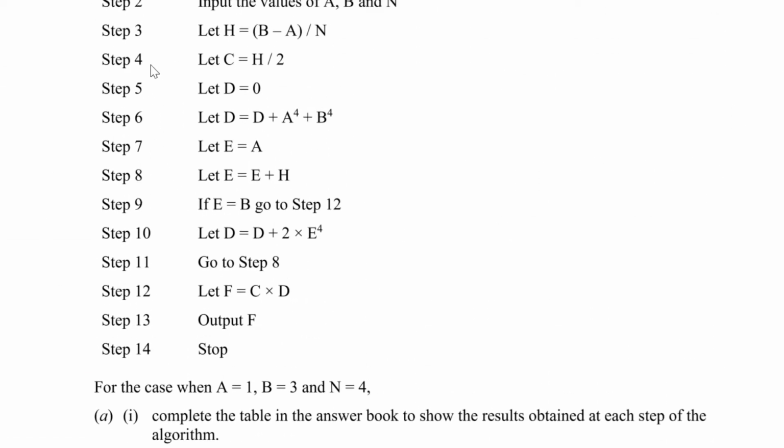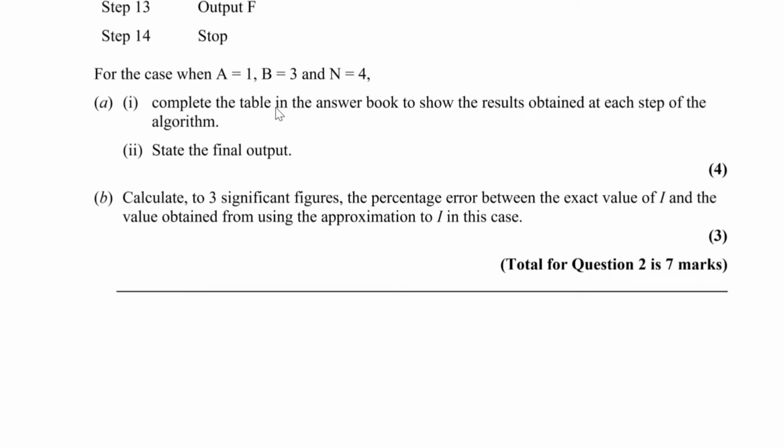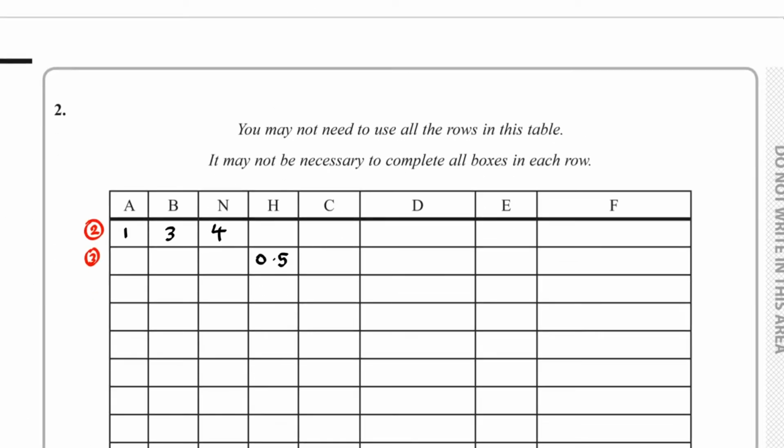Okay, and then our next step, step 4, let c equal h over 2. So step 4, we have to let c equal h over 2, 0.5 over 2, that's 0.25.